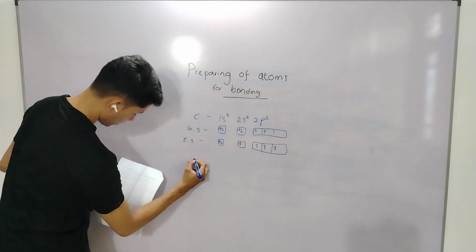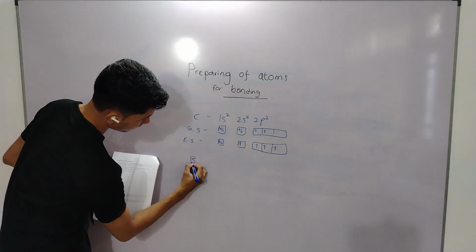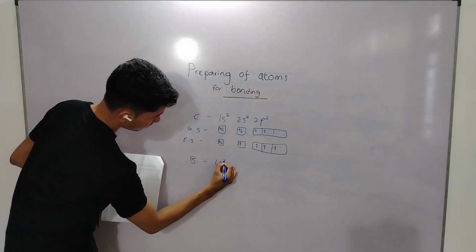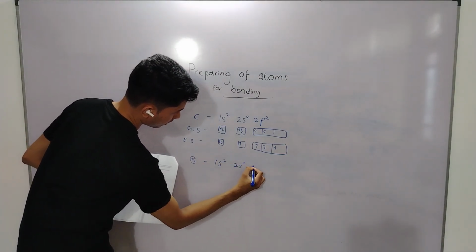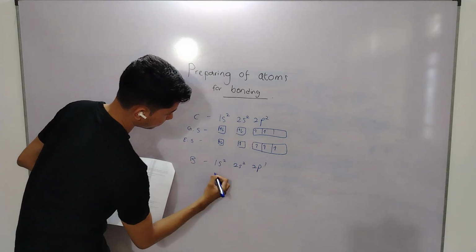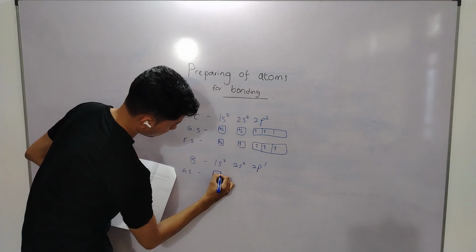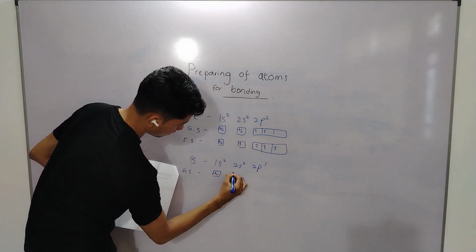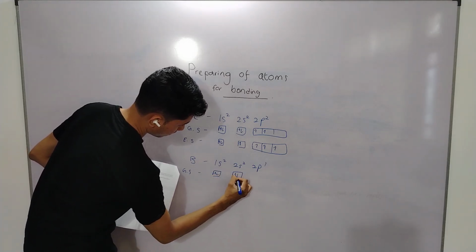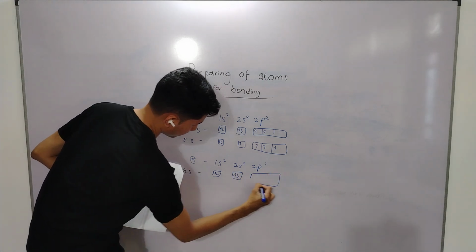Now, in the same way, if we take boron, 1s2, 2s2, 2p1, ground state, like this.